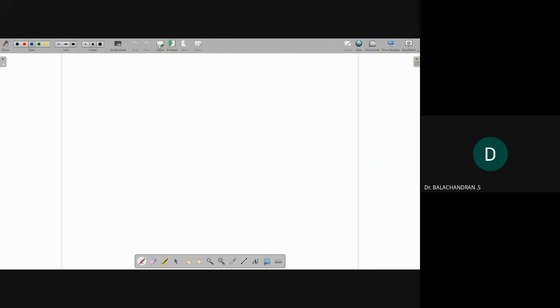Practice problem. This is type 1 practice problem, where the given data are in pi form.